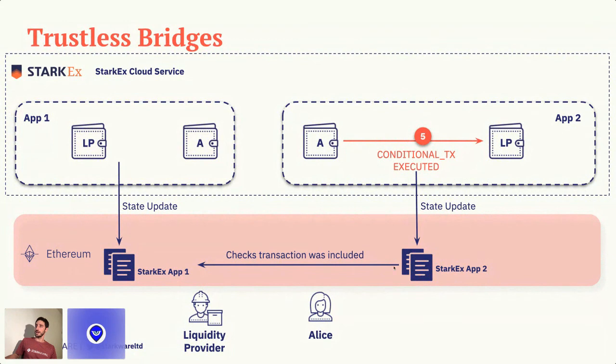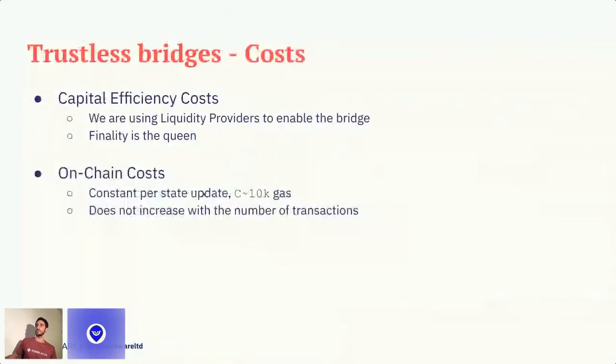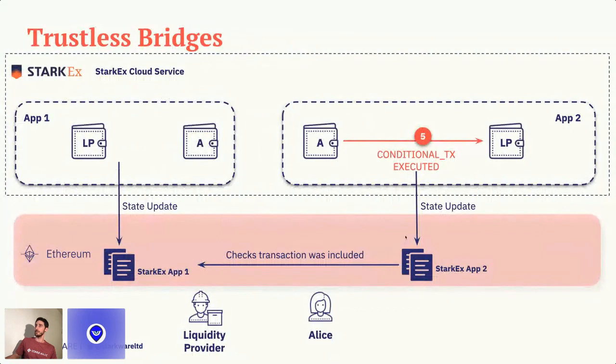And the actual validation on-chain is very, very small. And it's actually constant per state update. And it does not increase with the number of transactions. So what we get here is that both the cost of the liquidity provider and the on-chain cost of validating that the transaction was indeed included is very small. This is the end of step 1.